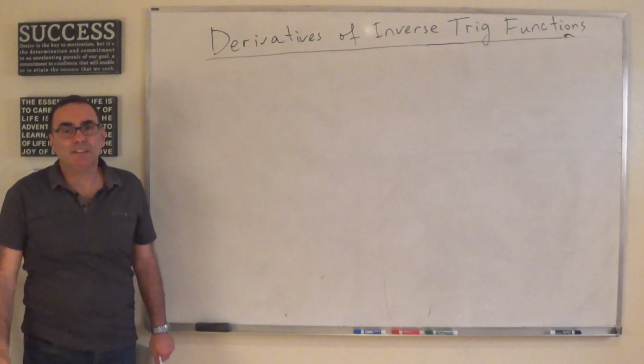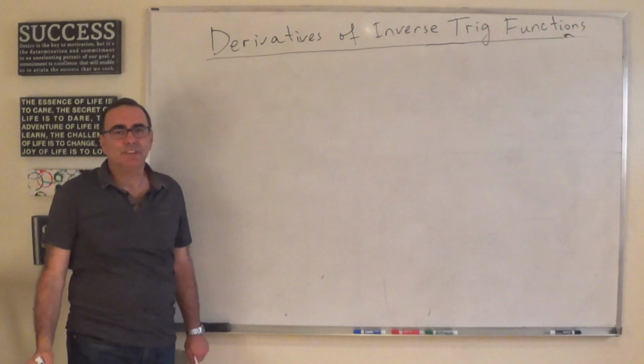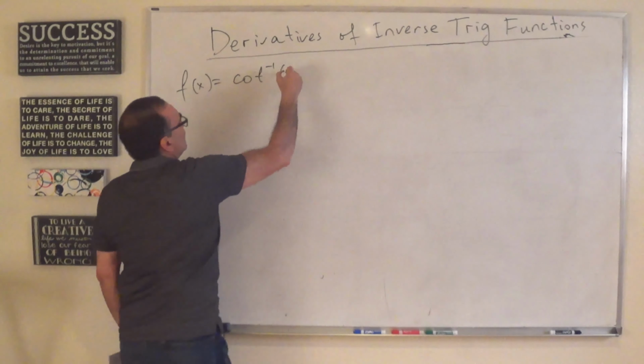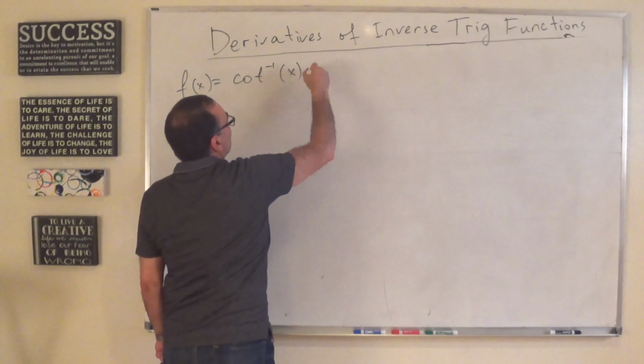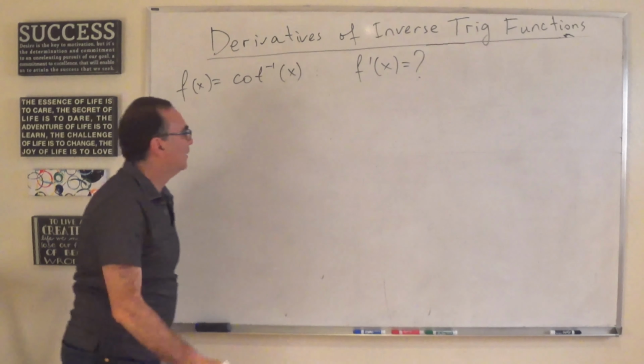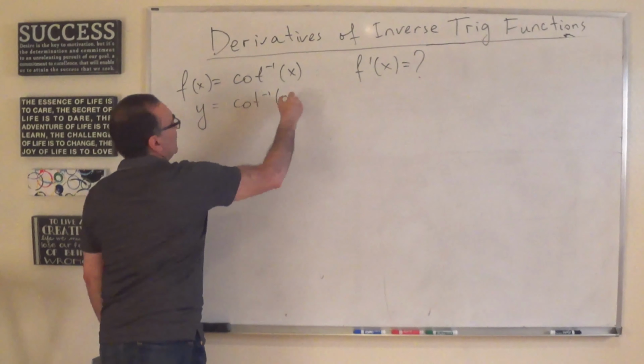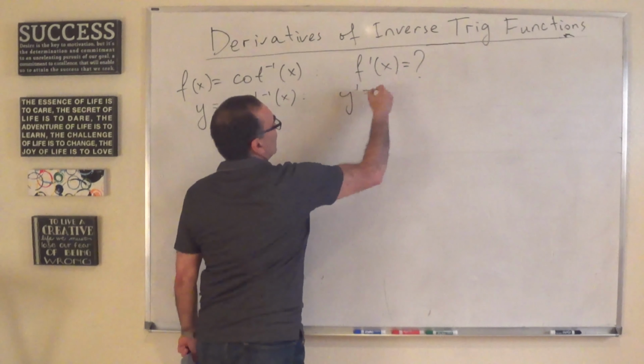So now I will explain the derivative of the next inverse trigonometric function, inverse cotangent. So let's say f of x equals inverse cotangent of x, and I want to find the derivative. In other notations, y equals inverse cotangent of x, and we want to find the derivative of y.